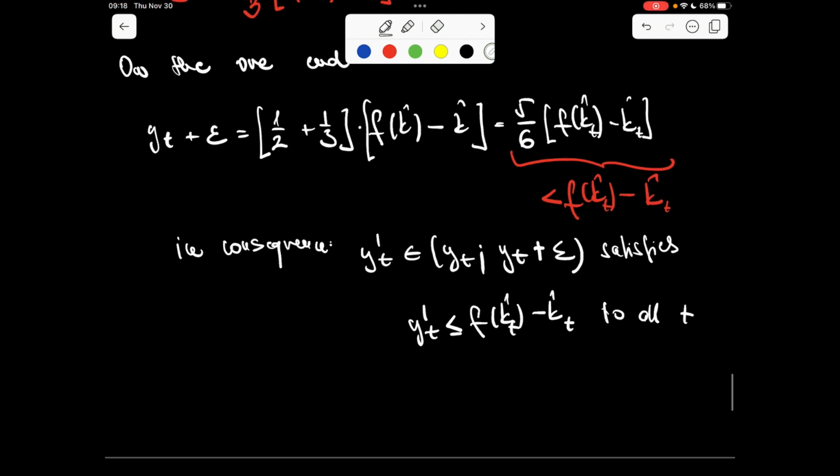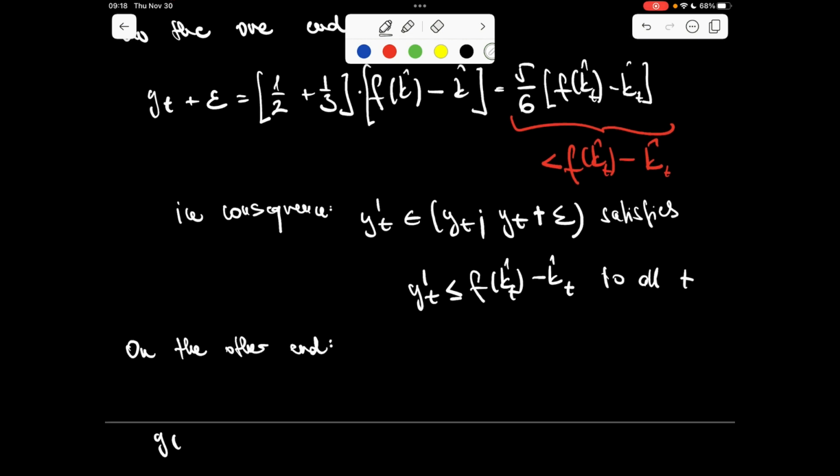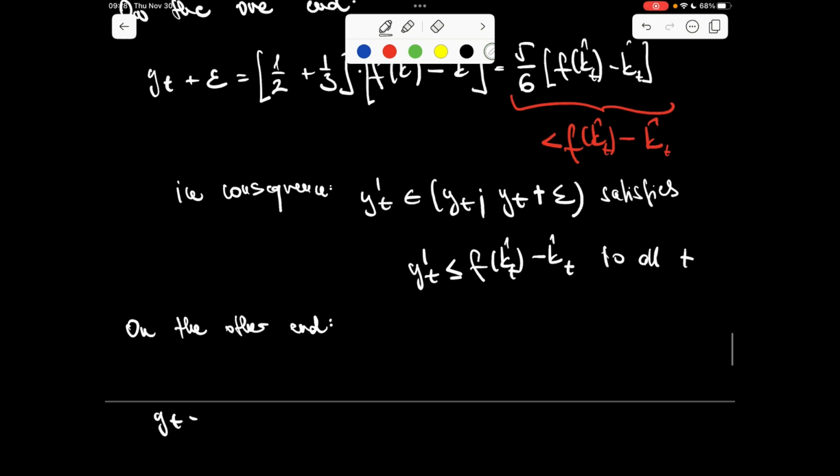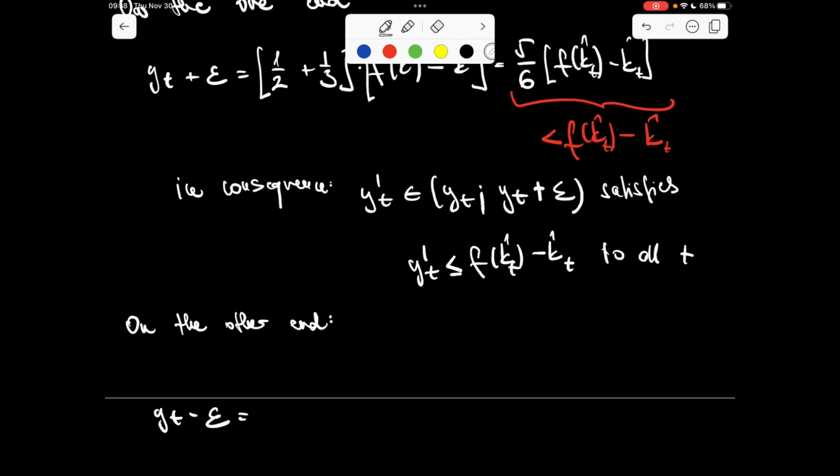On the other end, let's find production paths under the constant path within the given range. We play the same game.